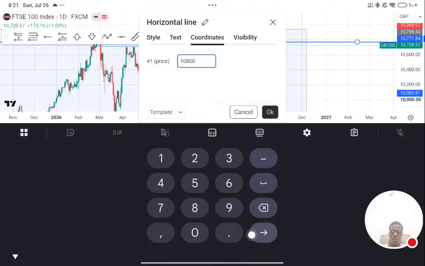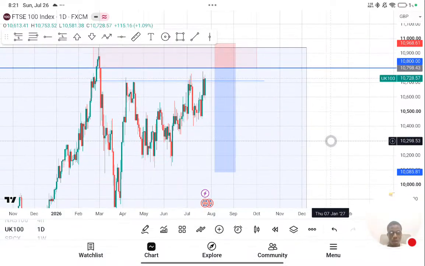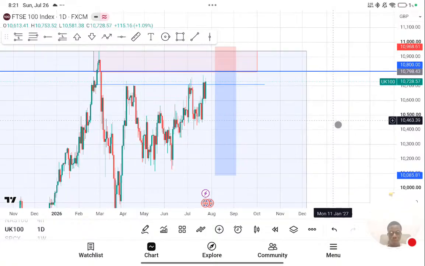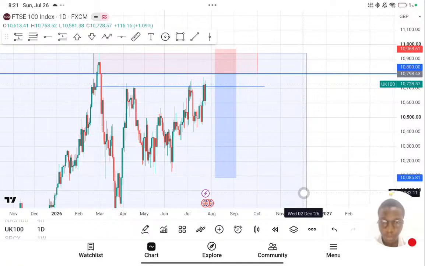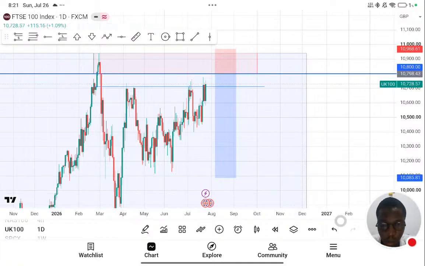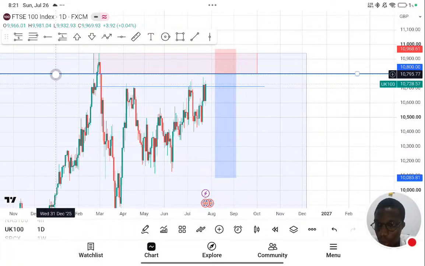Yeah, that's the psychological level. That's why price is looking to come. So that's it for UK 100. So we are bearish.